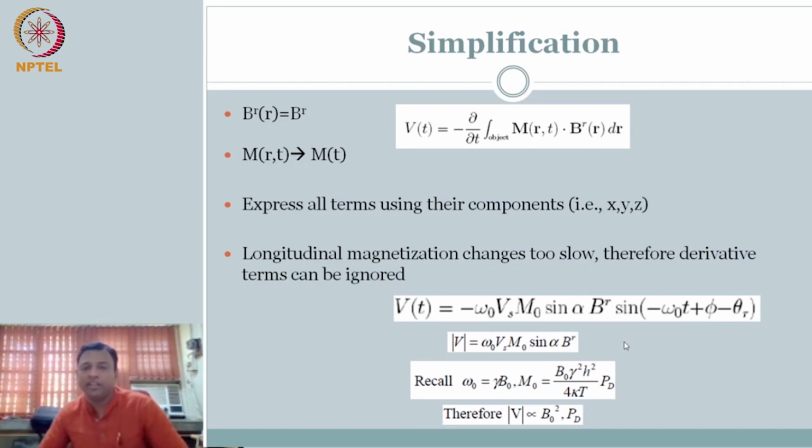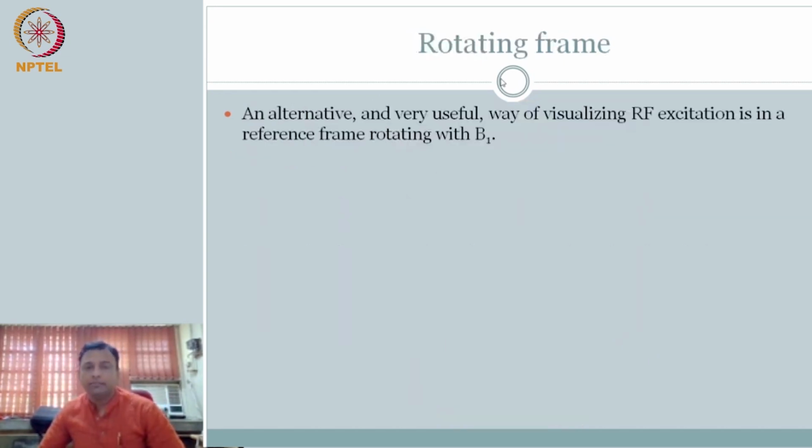Right now we have simplified it for a static magnetic field and talked about the motion equation for this. So now we need to add one more rotating magnetic field so that we can manipulate the magnetization vector. It becomes a little complicated from the visualization point of view if you use the laboratory coordinate system, and therefore we could go for a rotating frame of reference.